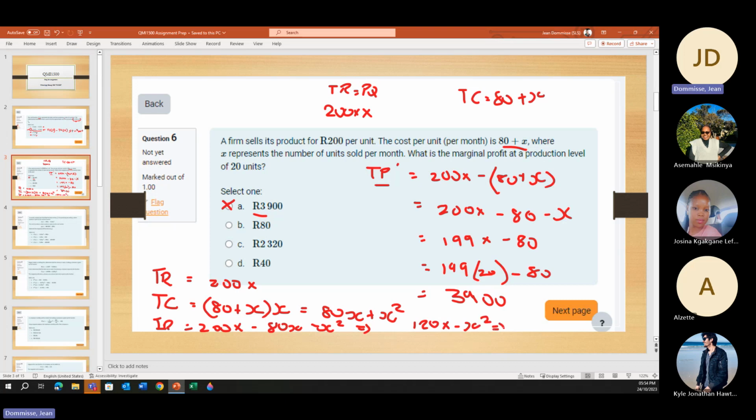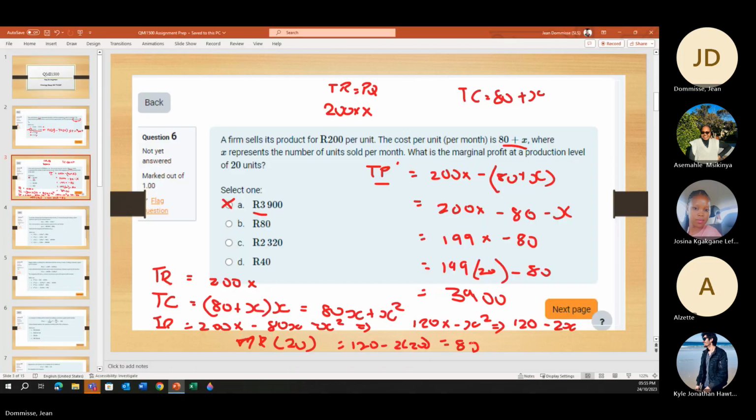And when we take the first derivative of that, it's 120 minus 2x. So your marginal profit at 20 units is 120 minus 2 times 20, which is 40. So 120 minus 40 is 80, which is option 1.